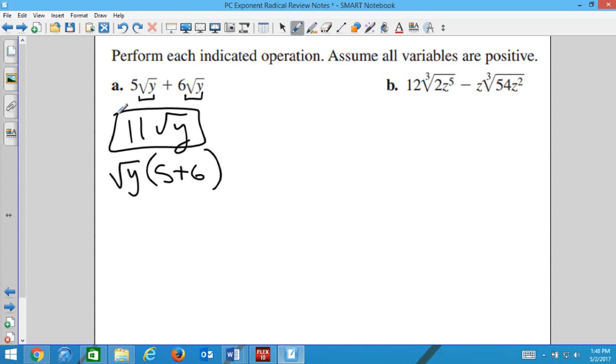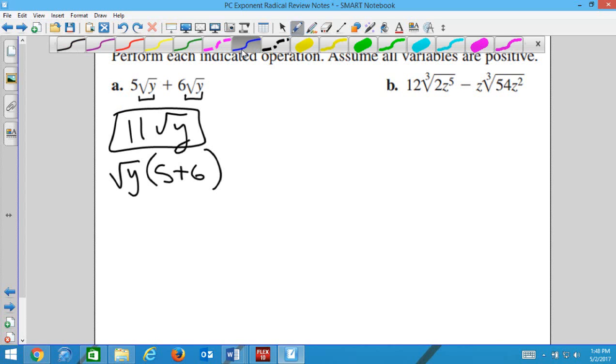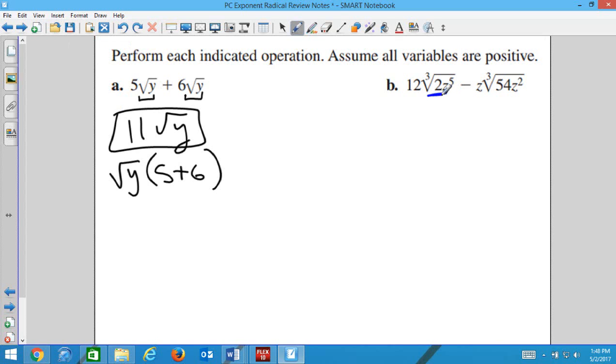Just like terms. Okay, when you go to B, are they like radicals? They're not like radicals. So we have to simplify them, and hopefully they will magically become like radicals when we simplify them. So let's look at the first one. Got 12, we have the cube root, and we have 2 times z to the 5th.